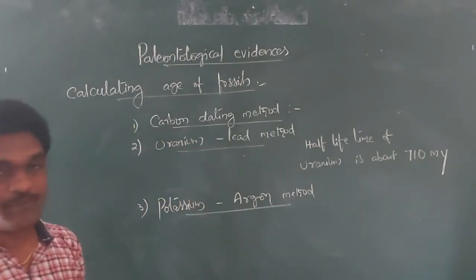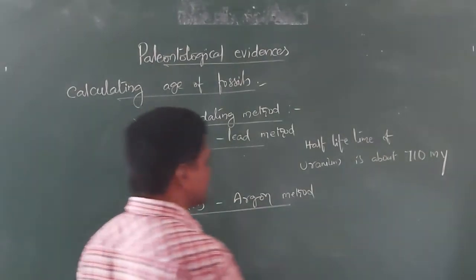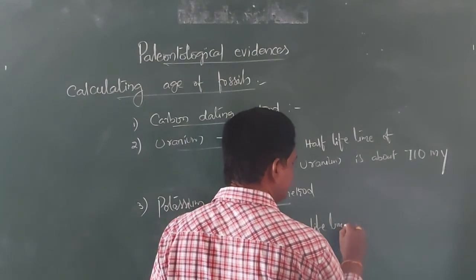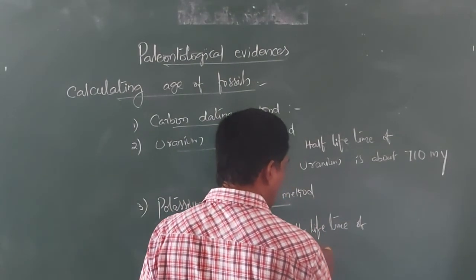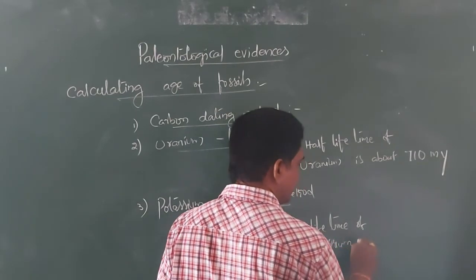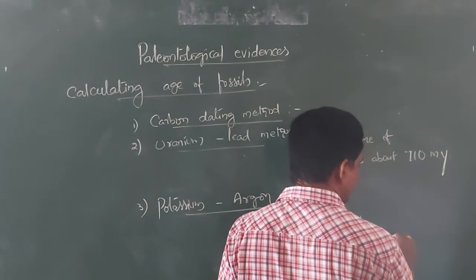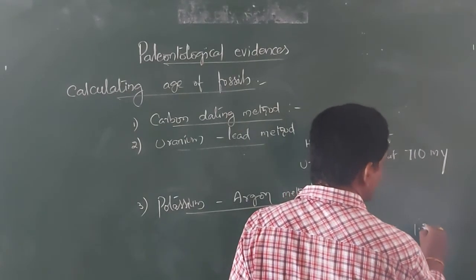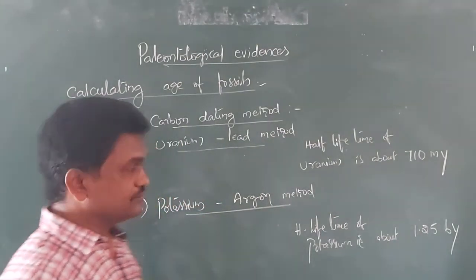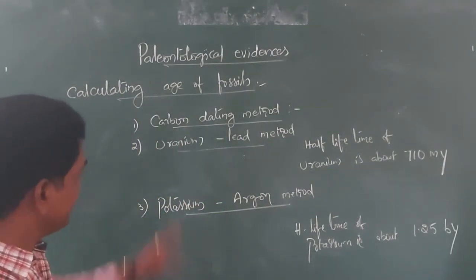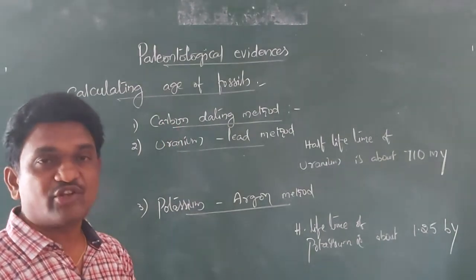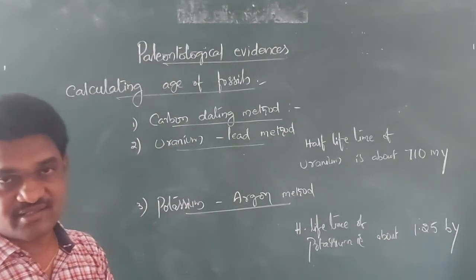Here, the half-life of potassium is about 1.25 billion years. Okay, these are basic processes used in calculating a fossil's age.